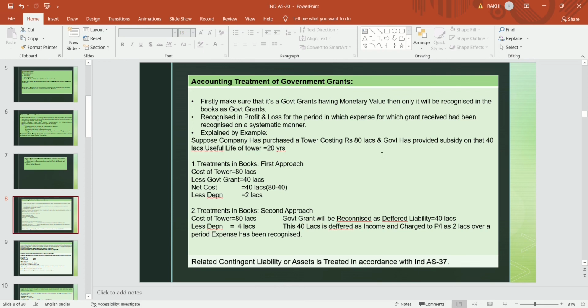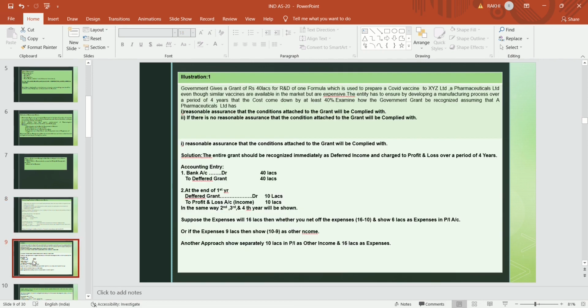If the condition is fulfilled, that liability is no more created, but up to 20 years the company has to carry a liability. After 20 years, if the company fulfills the condition, the grant will be okay. If the condition is not fulfilled, the liability is to be created as per Ind AS 37 contingent liability. Only disclosure is required for that.